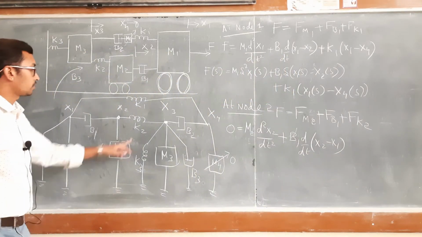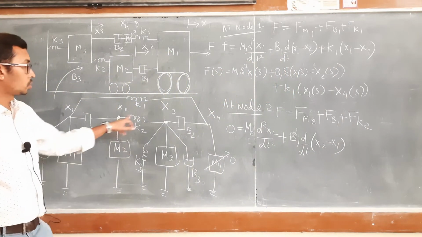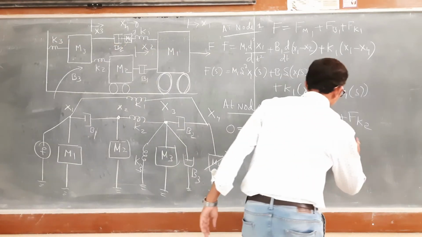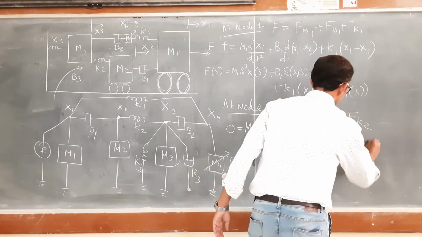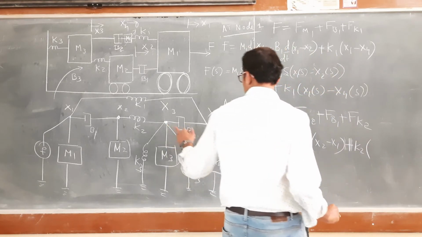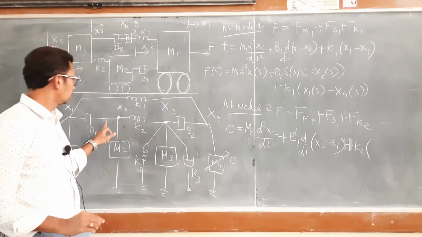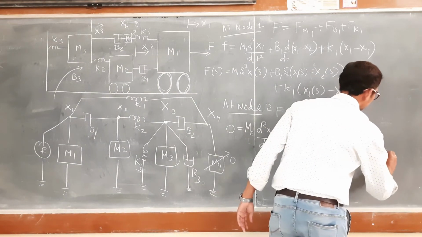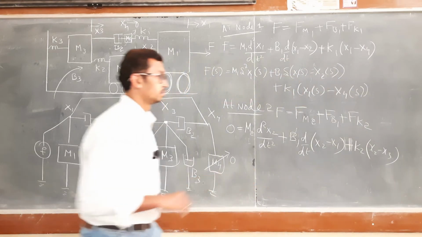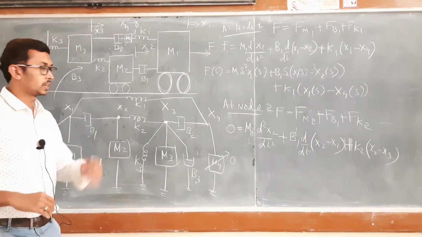Okay, next what we have? K2 is between node 2 and node 3, so this will be plus K2 times x2 minus x3. Okay, so this is the differential equation.